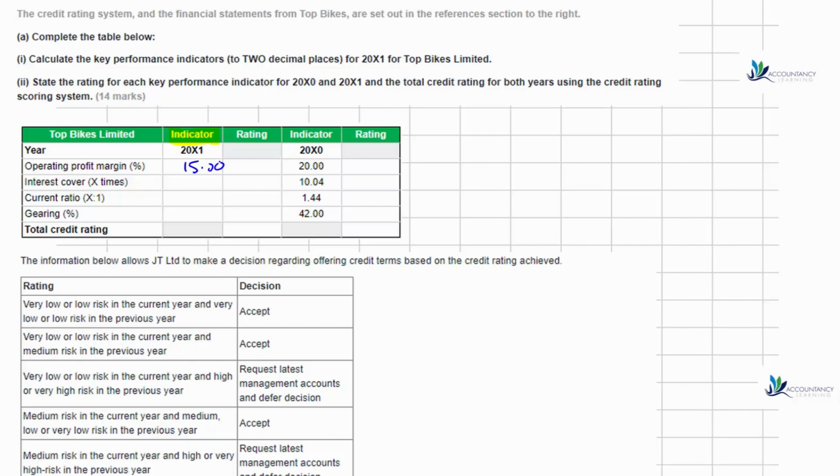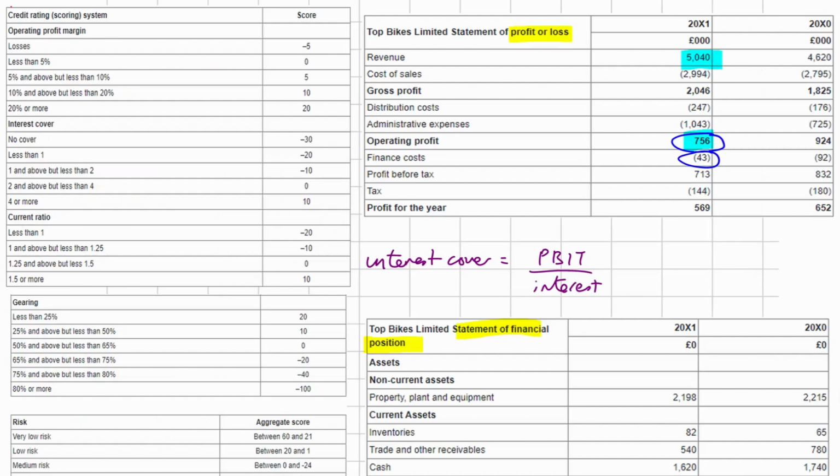Let's look next at our interest cover. Interest cover is the profit before interest and taxes. Remember, it's before, that's a mistake that people often make. So it's the profit before we've paid the interest divided by our interest. If we look at our statement of profit and loss, we can see the 2 numbers are ringed. So we have our profit of 756 and we divide by the interest that we need to pay.